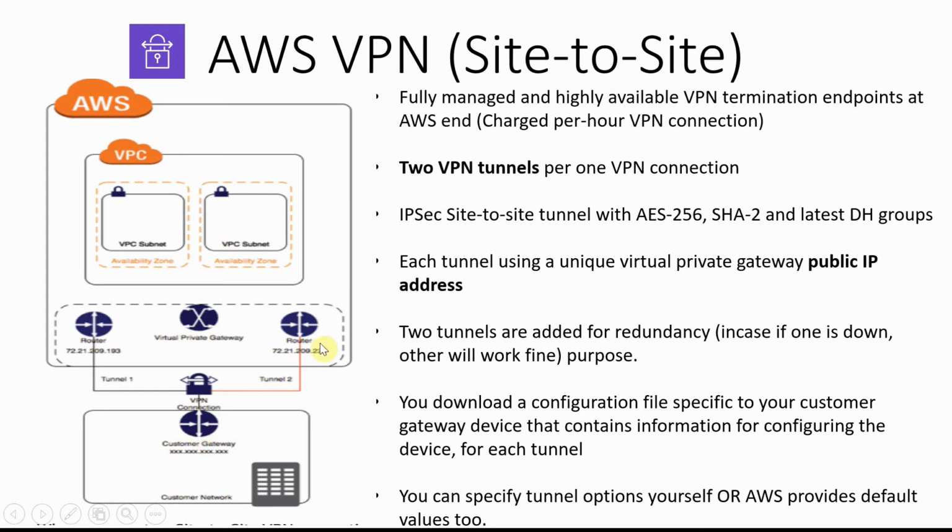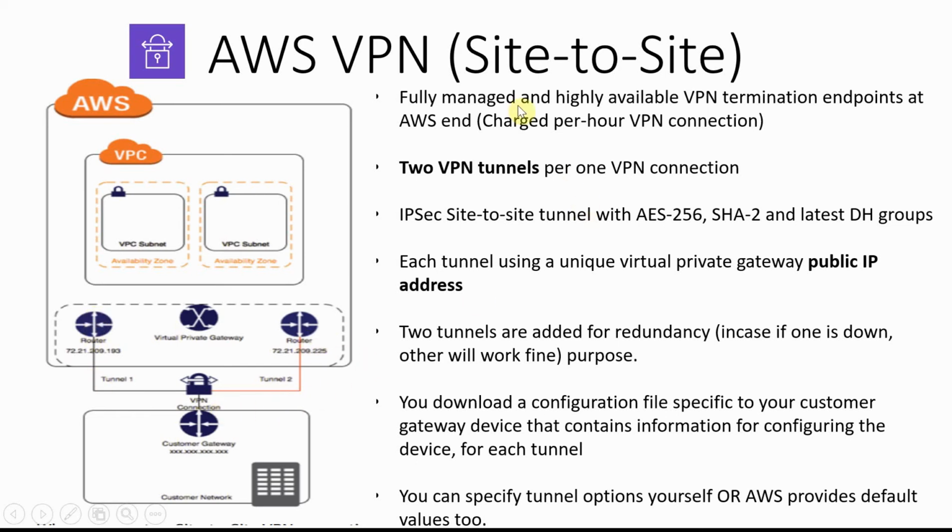The site-to-site has primarily two VPN tunnels that will be created. These two VPN tunnels are primarily for disaster recovery purposes, for redundancy: if one goes down, the other is always there as a backup. Typically one tunnel will be primary and the other secondary. If the primary goes down, then automatically the secondary will become primary. That is the concept.